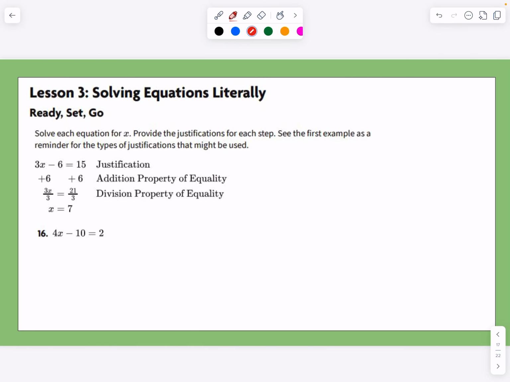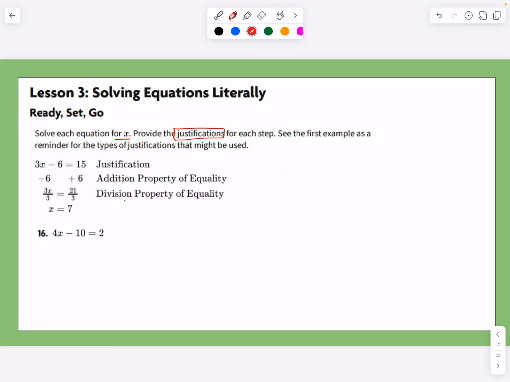All right, number 16, 17, or 16 to 22. What we're going to be doing here, this is the part, back to our lesson a little bit here, is they want you to not just solve each equation, but provide what's called a justification for each step. So it just reminds you of the types of justification: addition property of equality, division property.